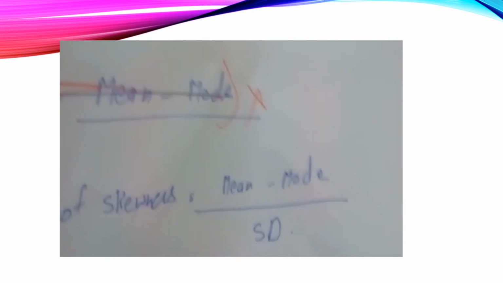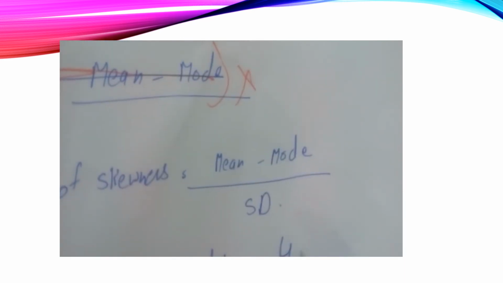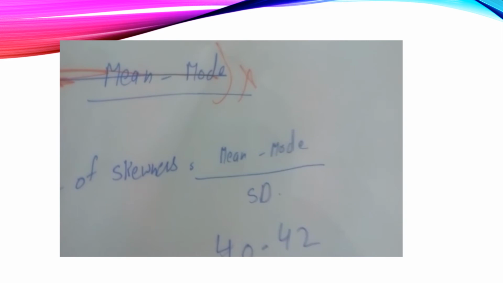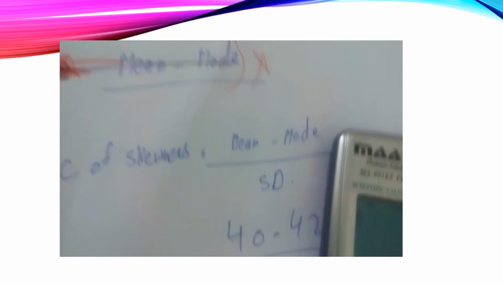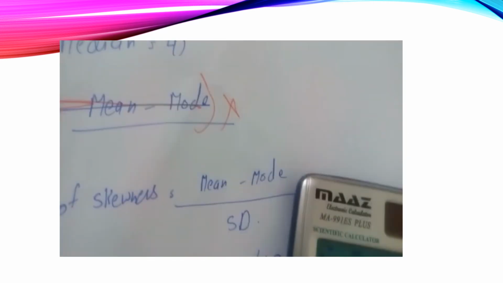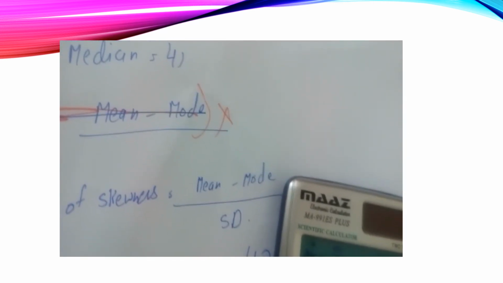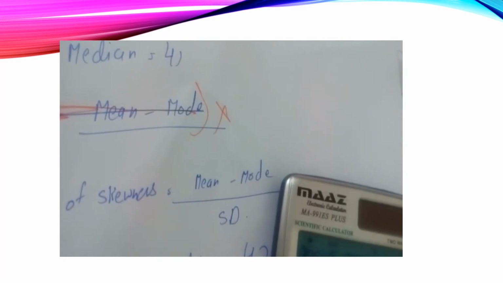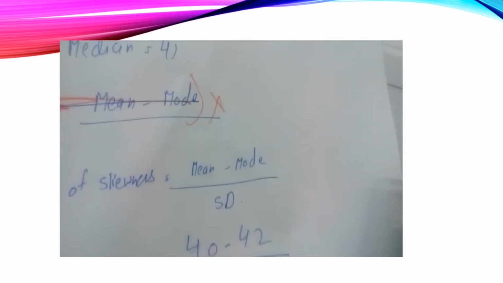The mean is 40 minus mode 42, divided by the standard deviation 5.08, and the answer is minus 0.39. Minus 0.39 shows negative skewness.